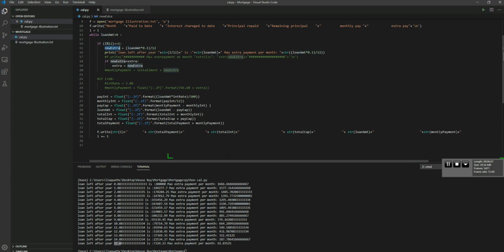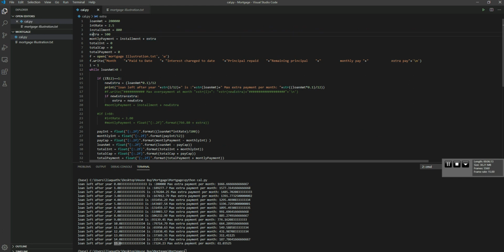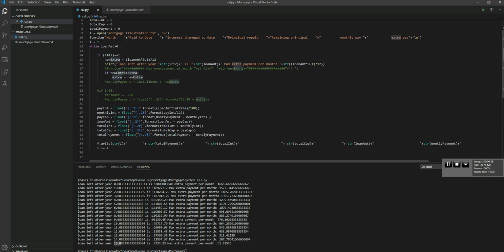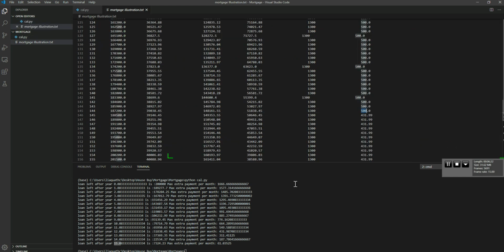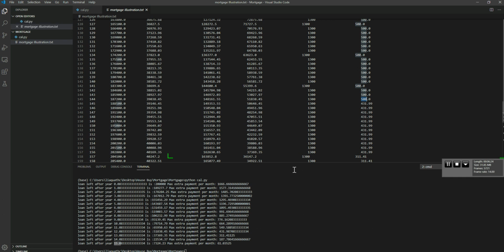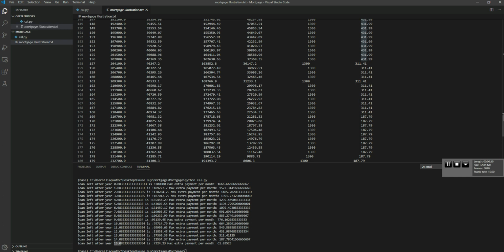And if that 10% is less than the initial extra you set here, which was 500, then we change it. So when you see that, okay, this is 500, but I am able to pay only 431, let me pay 431 instead, no more 500. I hope you understand what I'm doing here.